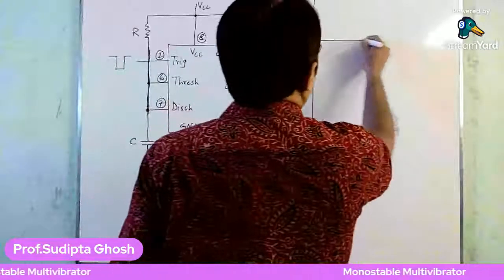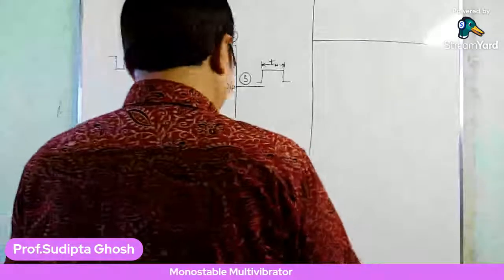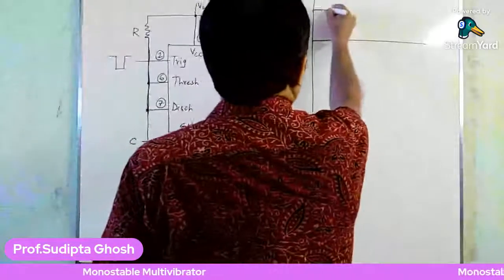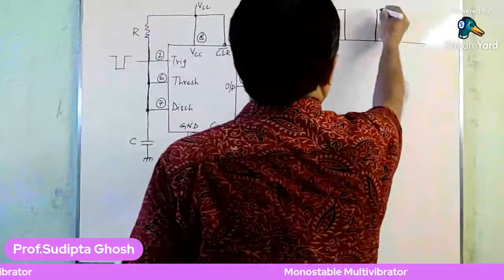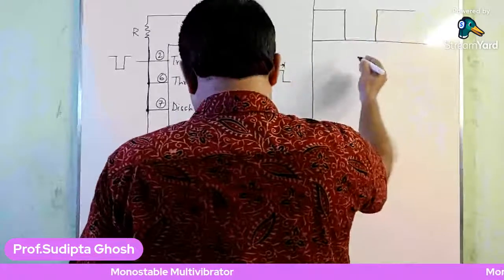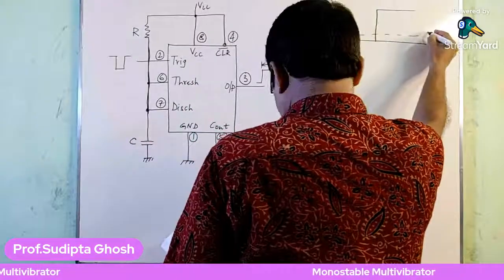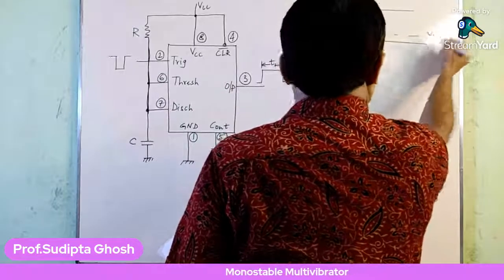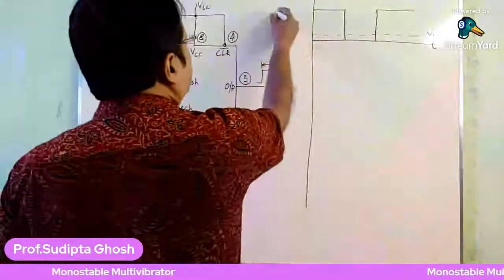Let's draw first. At first, I am going to draw the trigger input waveform. As this is a negative going pulse, let this value be about VCC by 3. So I am plotting the trigger input.